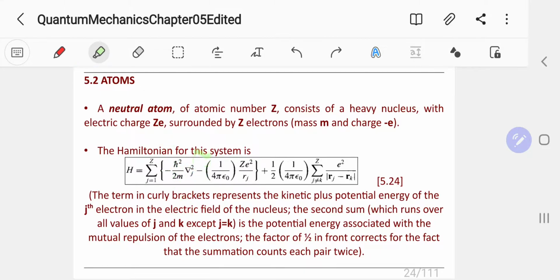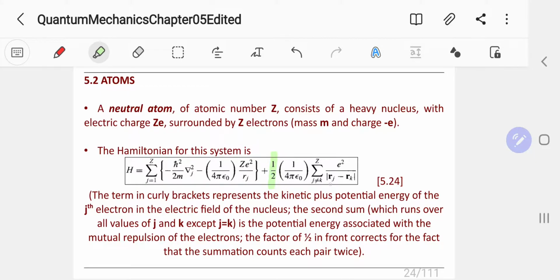This is the kinetic term, and the Coulomb potential between the nucleus and the electron, and you also have the interactions between electrons, so that you have here 1/2, because you are repeating the indices J and K for as long as they are not equal. You'll be adding the electron interactions.